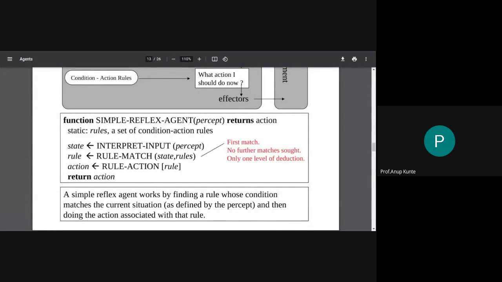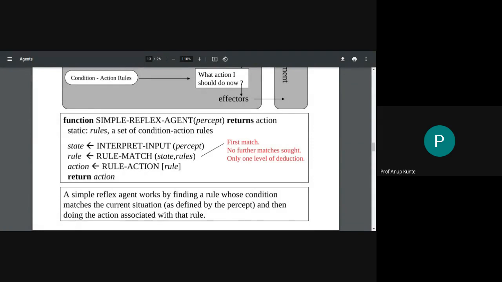So what we are trying to do here is be smarter than building an entire table of infinitely mapping percept sequences to actions. So we try to learn a pattern in percept sequences that are common.